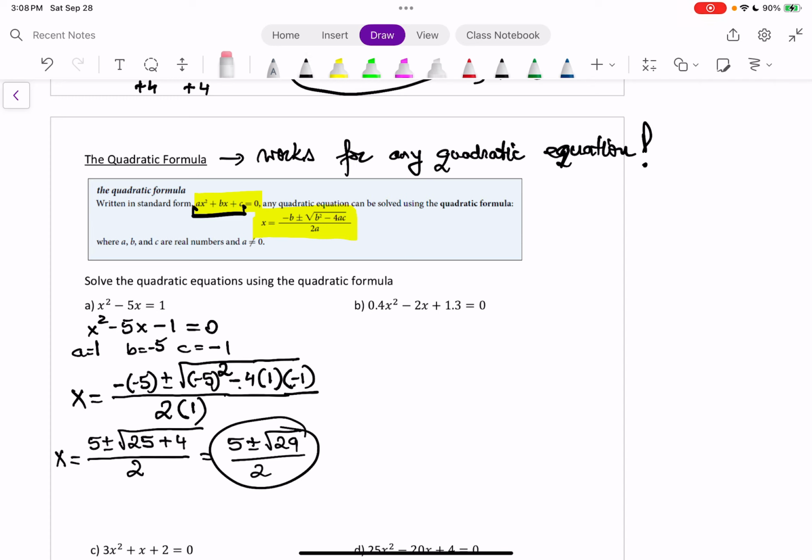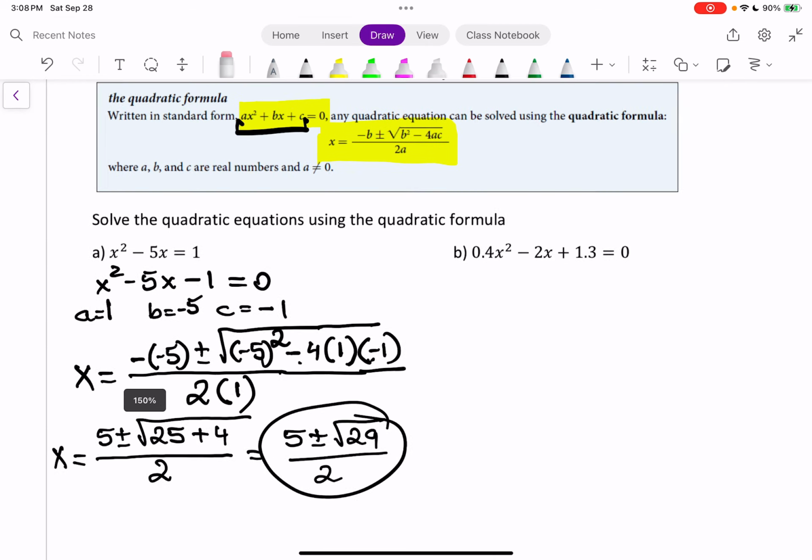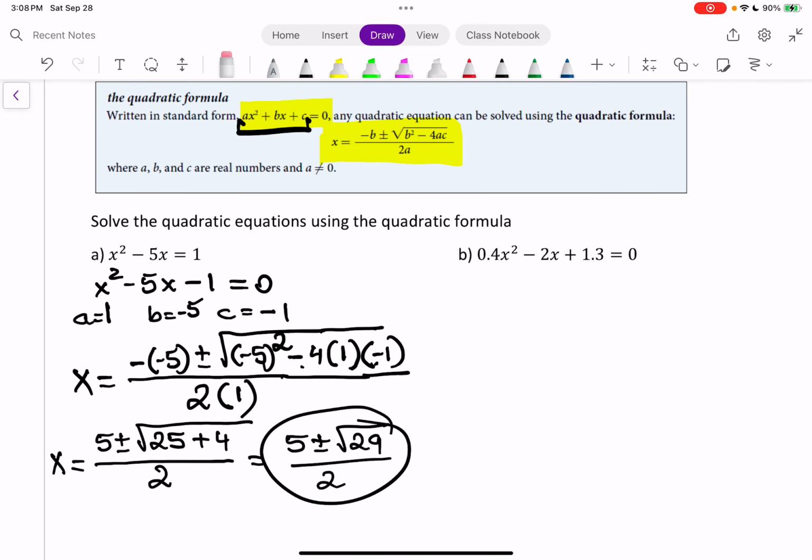Okay, next equation. It's already equal to 0 and it's nice, but I don't really like to have decimals. It doesn't make it easy to simplify. So one way to get rid of decimals in an equation is to multiply both sides by however many tens it takes to move the decimal out of the way.